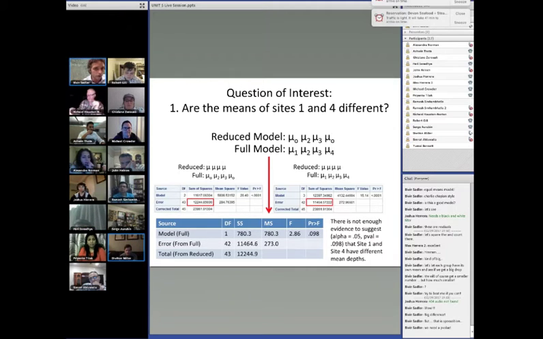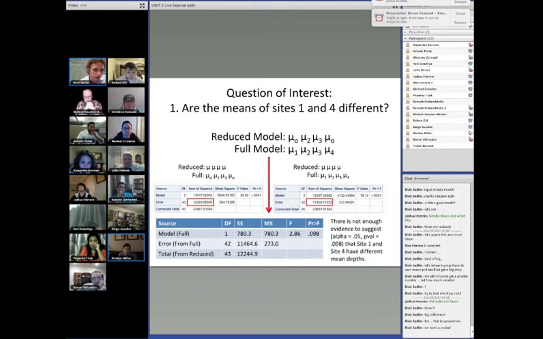When I let mu1 and mu4 be the same, the error that's left is 12,244. When I let them be different, it's a little bit less, 11,464. So what I want to do is say, with this model, it was 12,000. With this model, it's 11,000. For my extra 1 parameter, I didn't explain very much, but let's let the ANOVA do it.